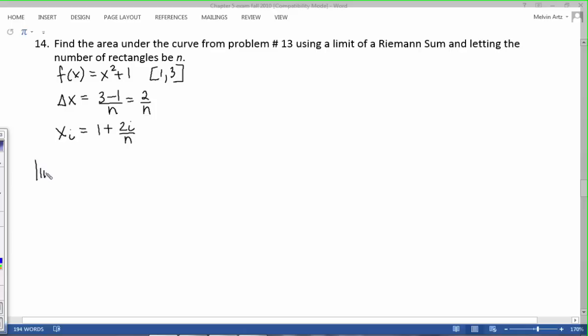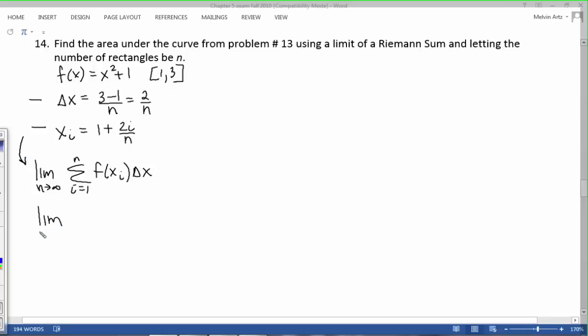And then you just need to know that we're going to take the limit as n goes to infinity of the sum from i equals 1 to n of f of x sub i times our delta x. So this is all the information we need. We need these two pieces of information to plug into this now. Once we plug that in, we'll be able to find the exact area under the curve.